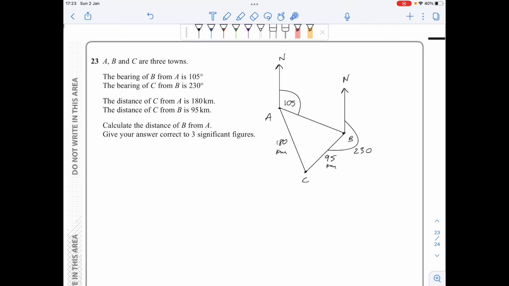Now the angle AB to the north is equal to 75 because interior angles add up to 180 degrees. And also the third angle on that point is 55 because angles at a point add up to 360.